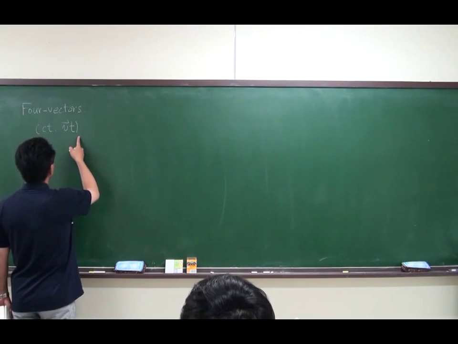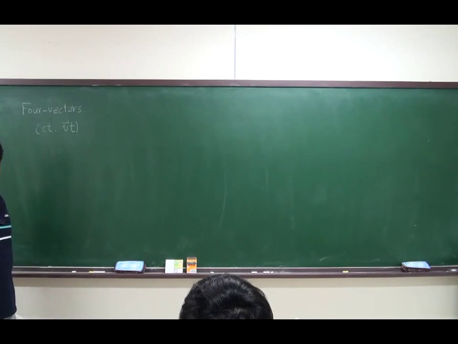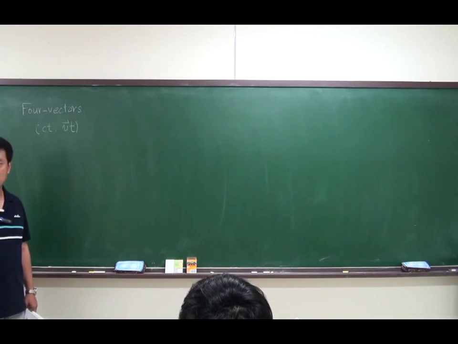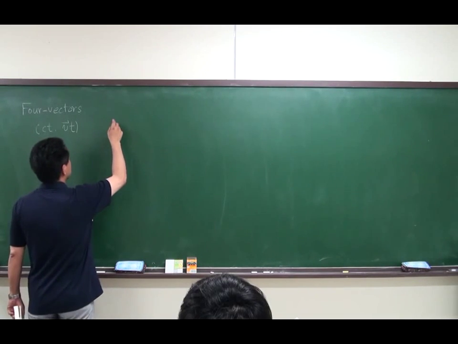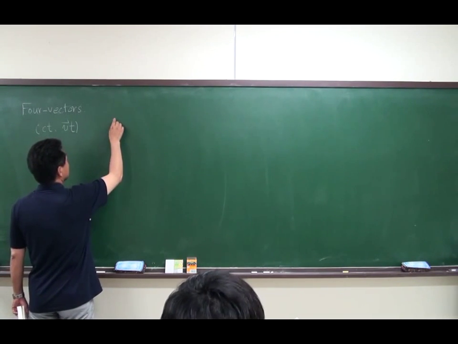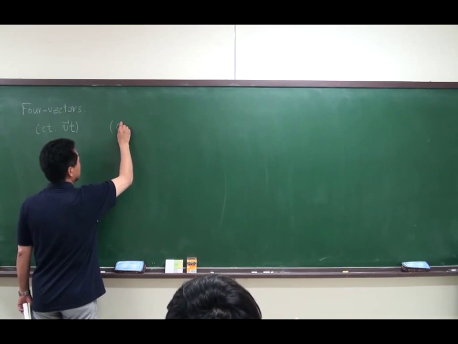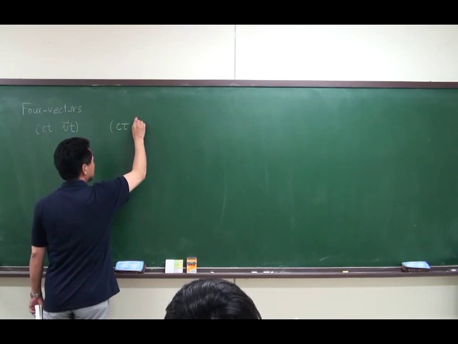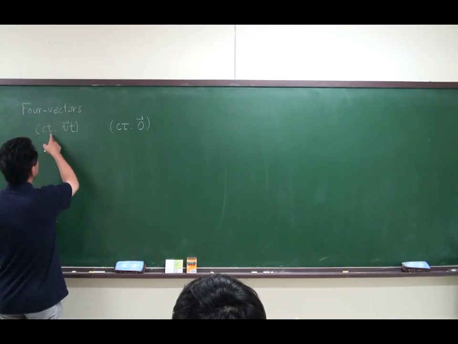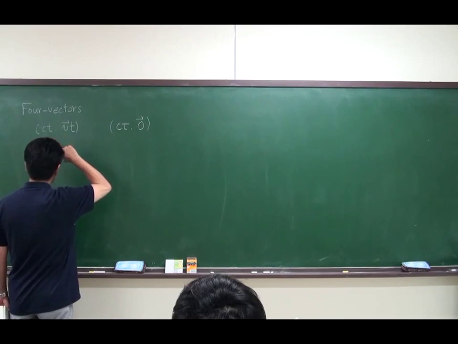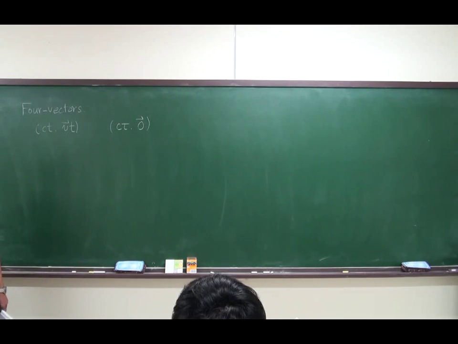In another frame of reference where the particle is at rest, that means we are considering a particle that is moving with constant velocity, and if we put the origin at the particle, then the event is just like that. They are the same events but seen at different frames of reference. We call these events 4 vectors.